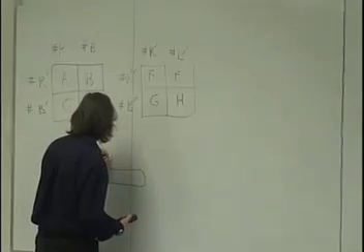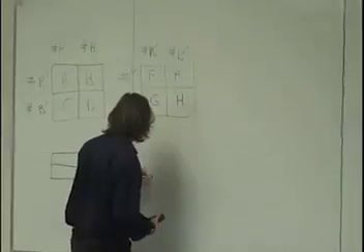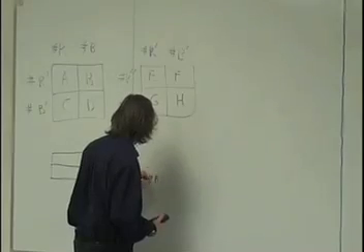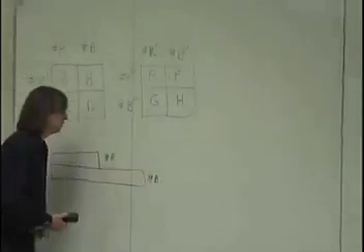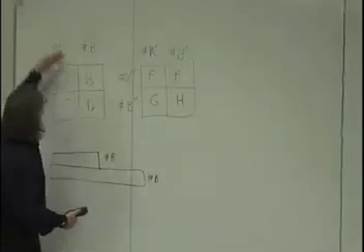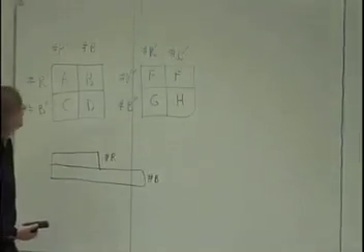In the first row, there's a number of boxes, and in the second row, there's a number of boxes. That's how you can interpret what's going on here.